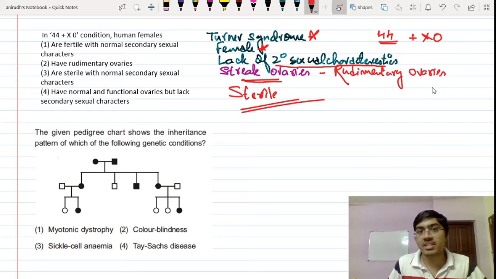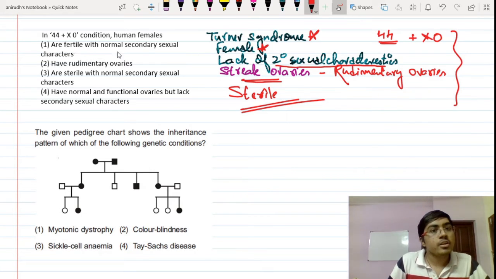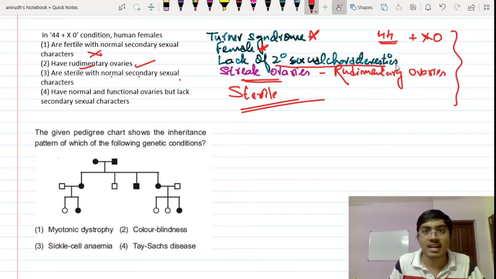Fine. So this is all that we are supposed to know here; these many points are there in the textbook. Are fertile? No, this patient is not fertile. Have rudimentary ovaries? Yes. Are sterile is okay. Normal secondary sexual characteristics? No. Lack of secondary sexual characteristics is a characteristic feature of this, since this patient is lacking one X chromosome, so complete female development will not be present.